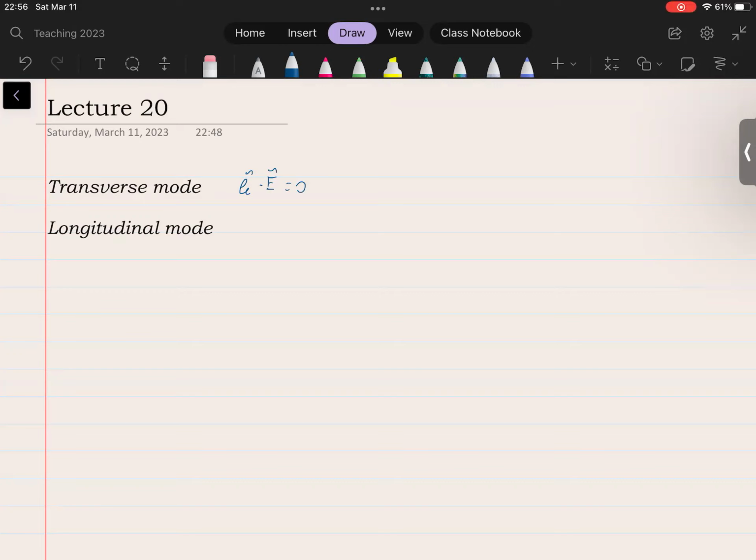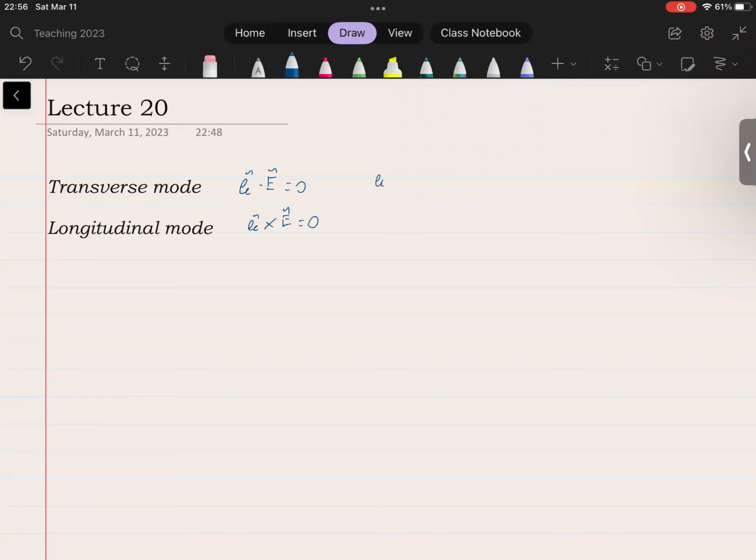while in the longitudinal case, there is no component of the electric field perpendicular to the direction of propagation of the wave, and that means that K cross E is going to be equal to 0.